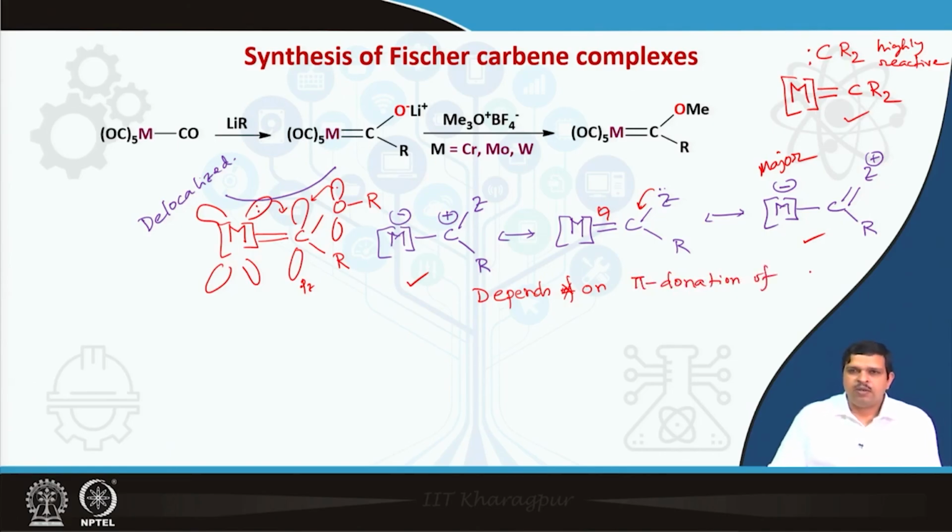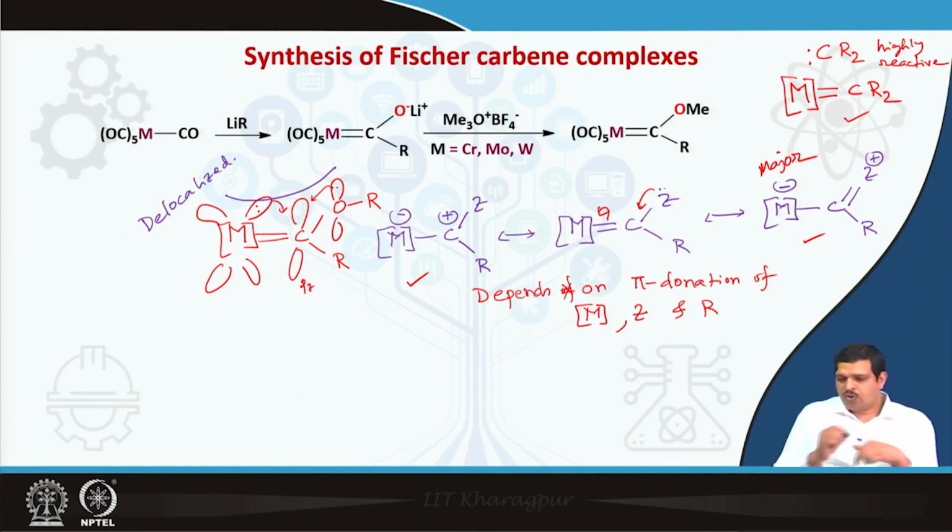Any idea? The pi donation of the metal d orbitals, M, Z, and obviously the R. So it depends on the nature of the metal, Z, the heteroatom, and also the R.